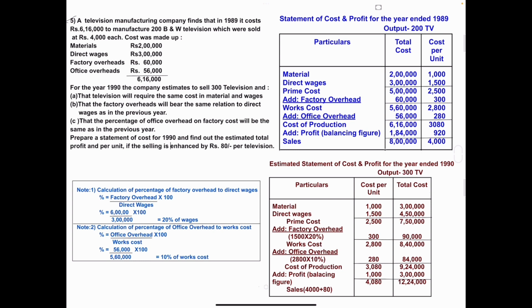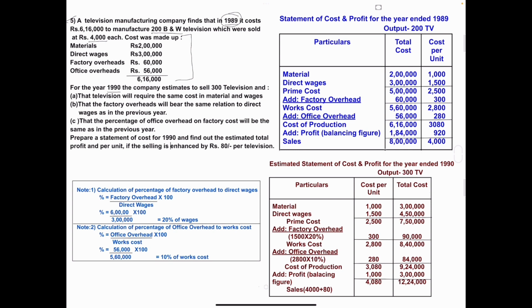So in this problem we have to prepare two cost sheets. Number 1, cost sheet for the year 1989 and cost sheet for the year 1990. In 1989 they are producing 200 television which were sold at rupees 4,000 each, and certain information they have given, and we have to prepare the cost sheet for the year 1989.